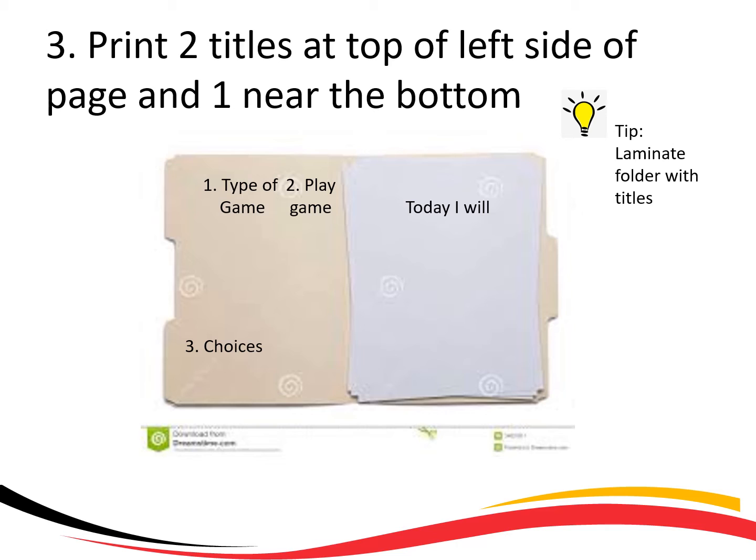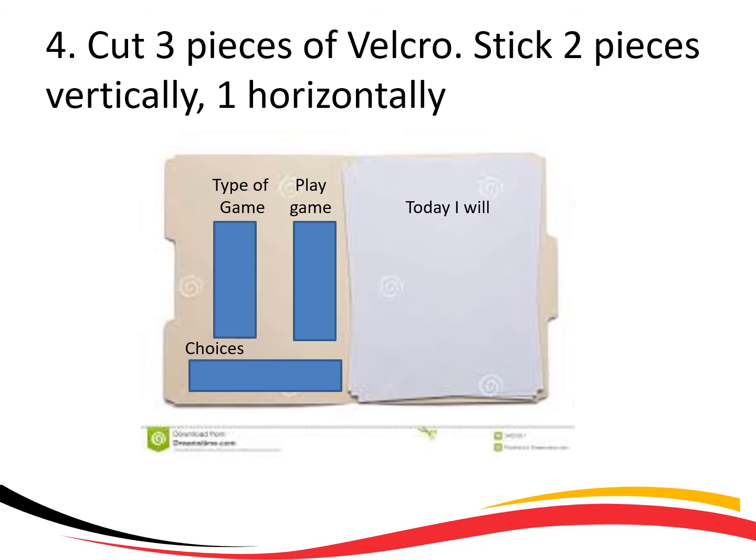Print the two titles at the top of the left hand side of the page: type of game, play game, and the third one is your choices near the bottom of the page. First, I would like you to cut 3 pieces of velcro.